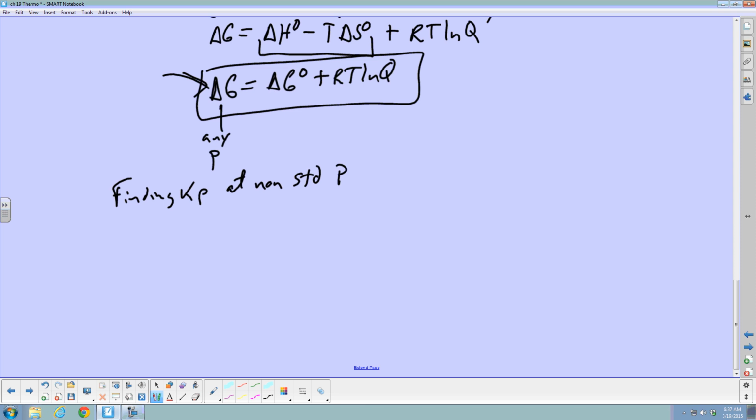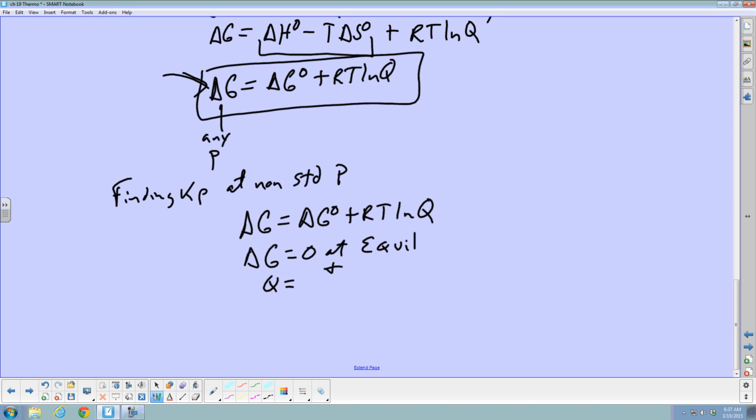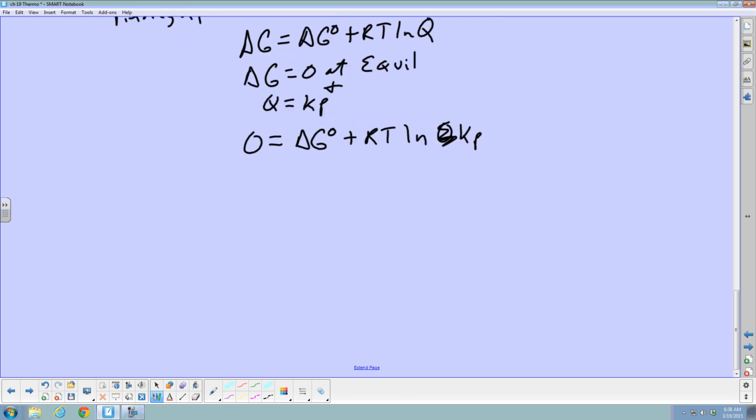We start off with this equation, delta G equals delta G prime plus RT natural log of Q. And delta G equals 0 at equilibrium. And Q equals what at equilibrium? Q equals my KP. So that means I have 0 equals delta G prime plus RT natural log, not of Q, but of KP.